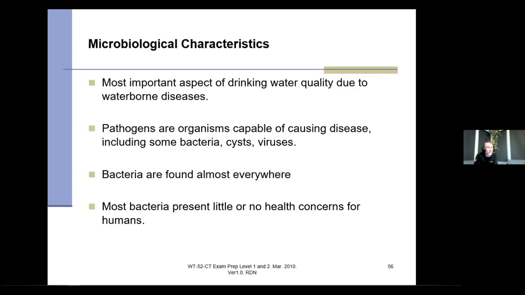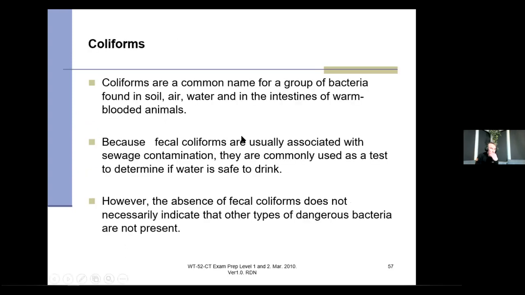Bacteria is not all bad, but there are some bad ones that we need to deal with here. One of the ones that we're going to go over again and again, this is our first brush, is coliforms, and that's a group of bacteria. Coliforms are found in soil, in the air, and in some water, and they're actually inside us, right? All warm-blooded animals have coliforms inside them.